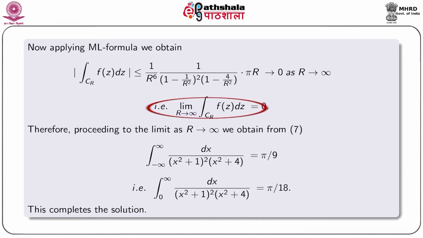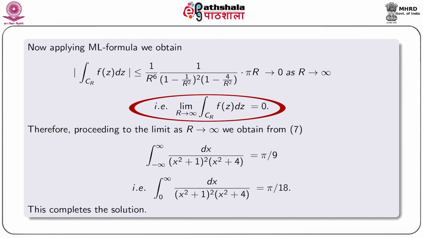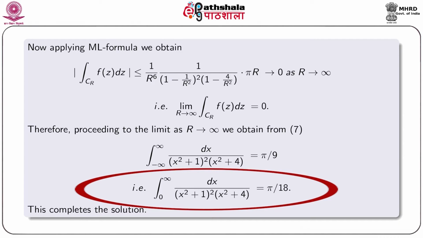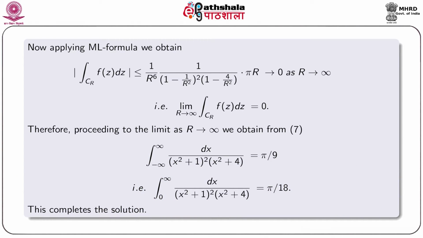Therefore, proceeding to the limit as R tends to infinity, we obtain from 7 the integral from minus infinity to infinity of 1 by (x squared plus 1) whole squared into (x squared plus 4) dx equal to pi by 9. That is, the integral from 0 to infinity of 1 by (x squared plus 1) whole squared into (x squared plus 4) dx equals pi by 18.